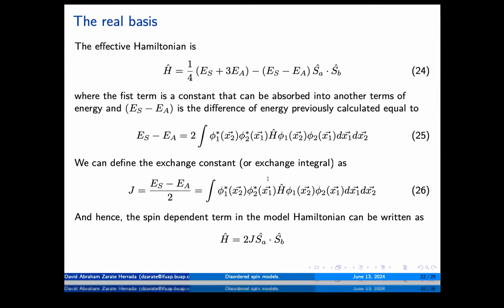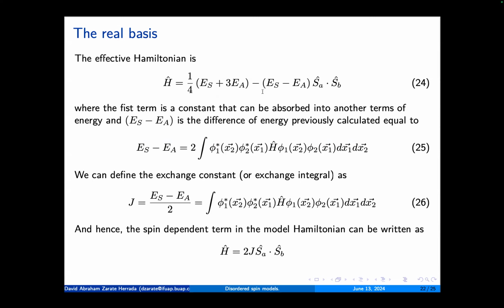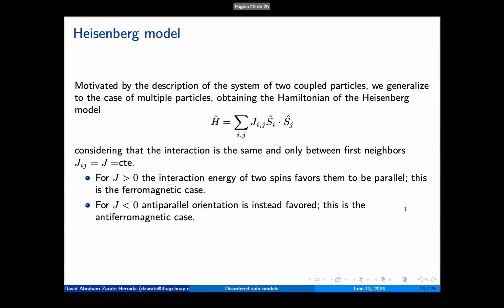So if we substitute this term with this integral, we can rename this integral J, where J is the exchange constant. And the Hamiltonian can be written like this. So J is this integral in space.